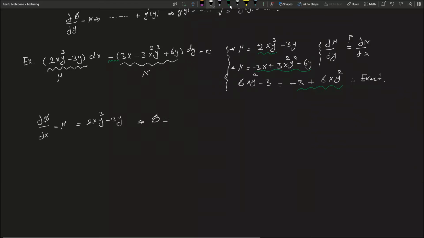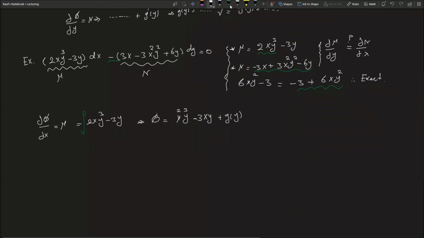In order to do that, you need to integrate this term with respect to dx. Doing that gives you x squared y cubed minus 3xy plus the integration factor g of y.